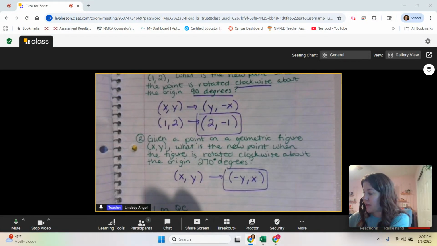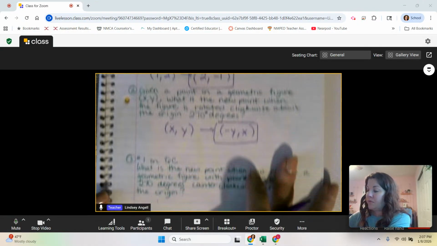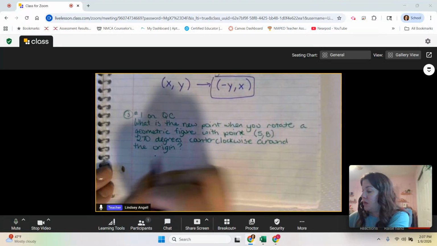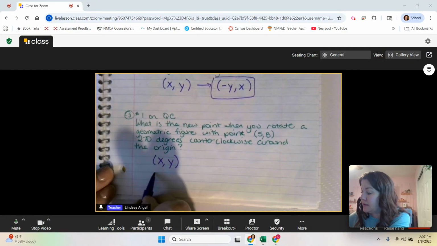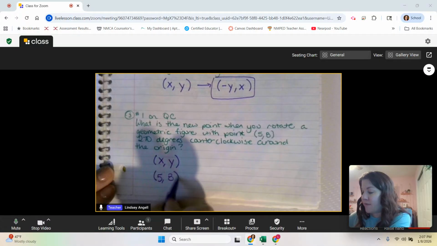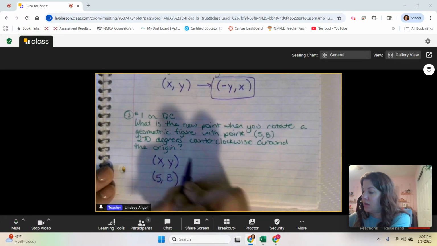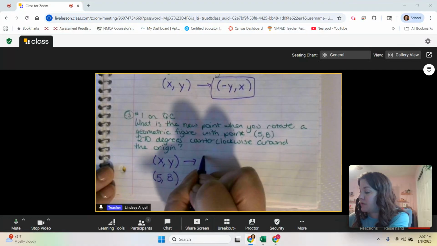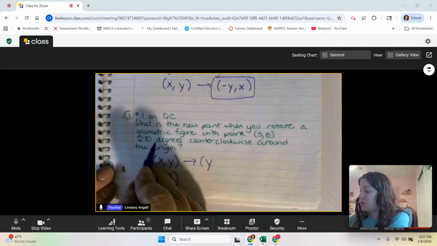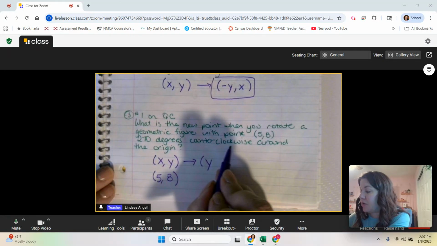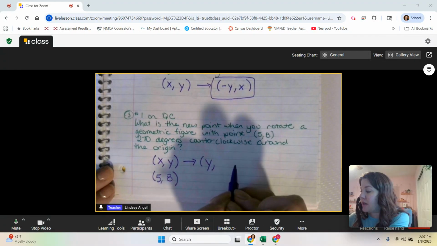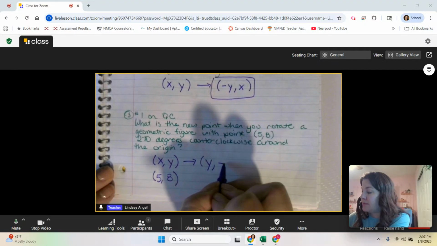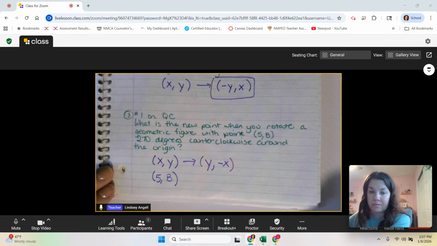It was the same as the other one, so I don't need to keep flipping. We have our x and our y values, which in this case we're given 5, 8. The rule we wrote down was that when you're doing a 270 degree counterclockwise rotation, your x value becomes your y value, and your y value becomes the opposite of x.